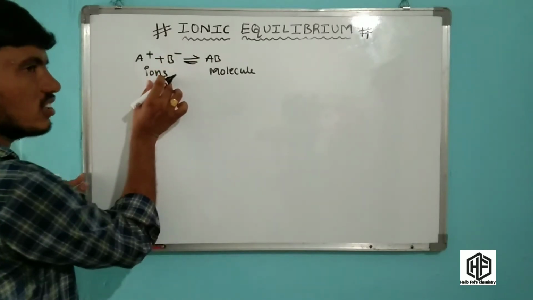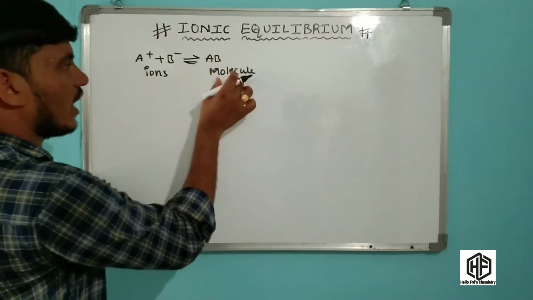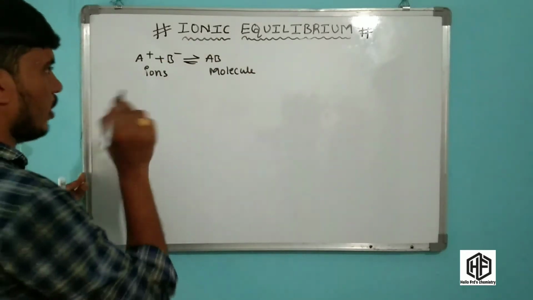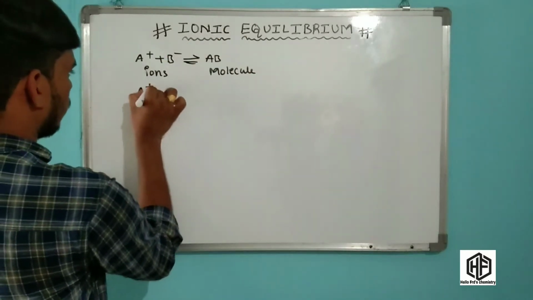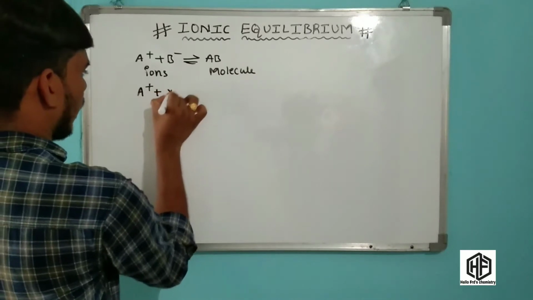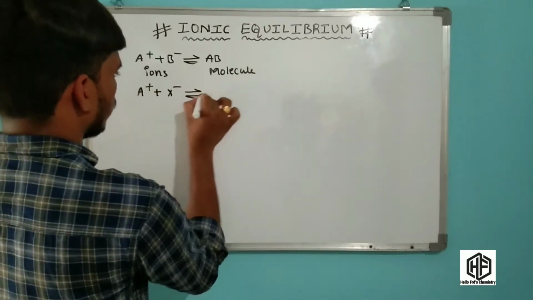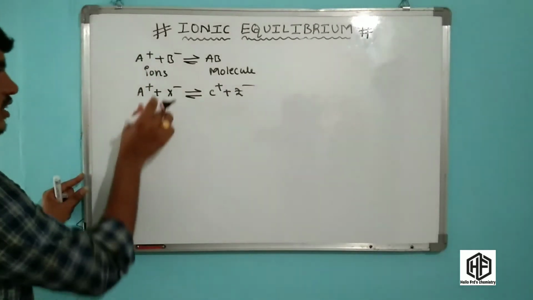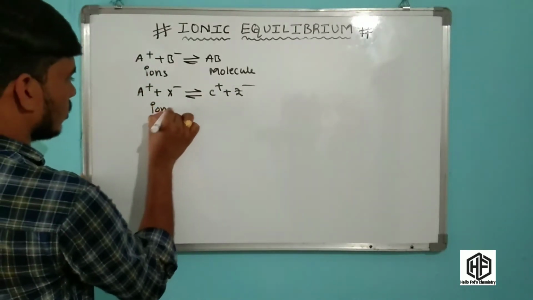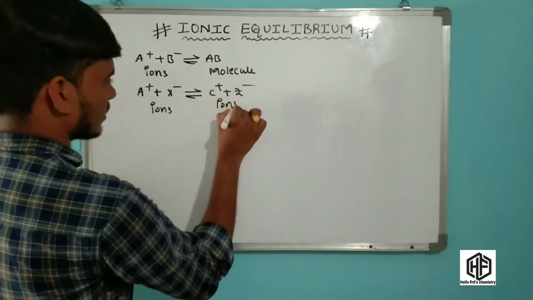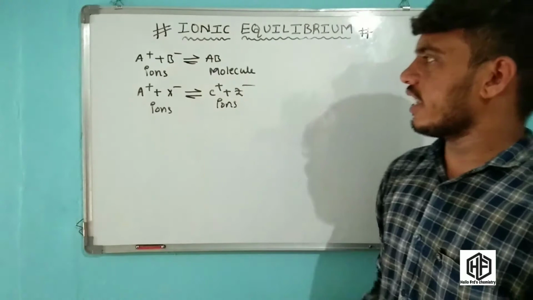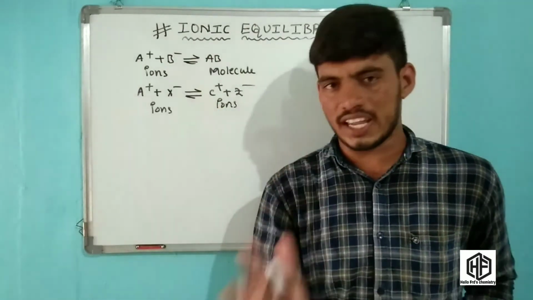It means ions are in equilibrium with unionized molecules. This is called ionic equilibrium. Now one more point: A plus X gives C plus Z minus. These are ions, and these are also ions. Ions in equilibrium with ions is also called ionic equilibrium. This is the concept of ionic equilibrium.